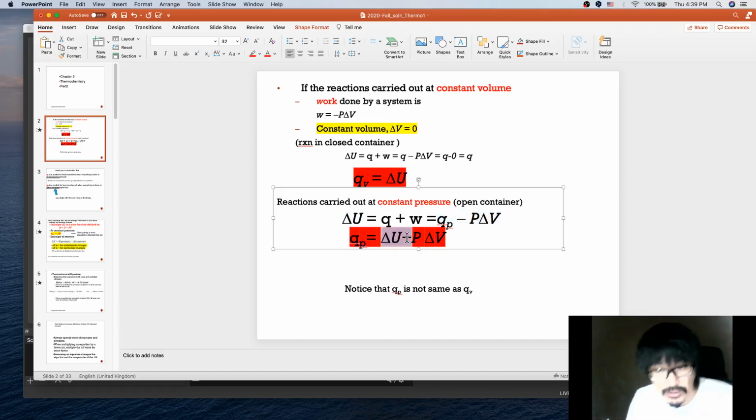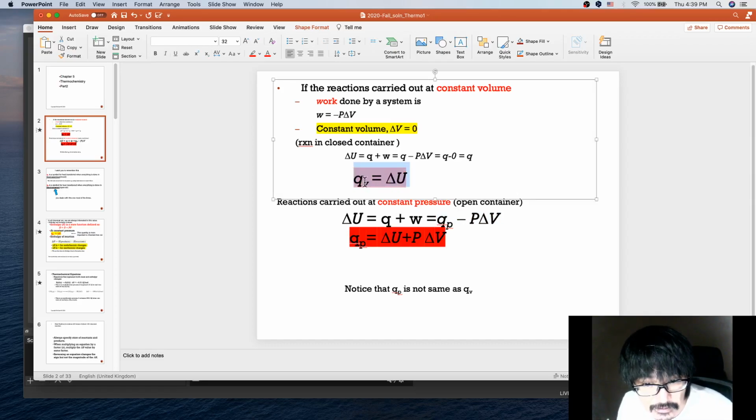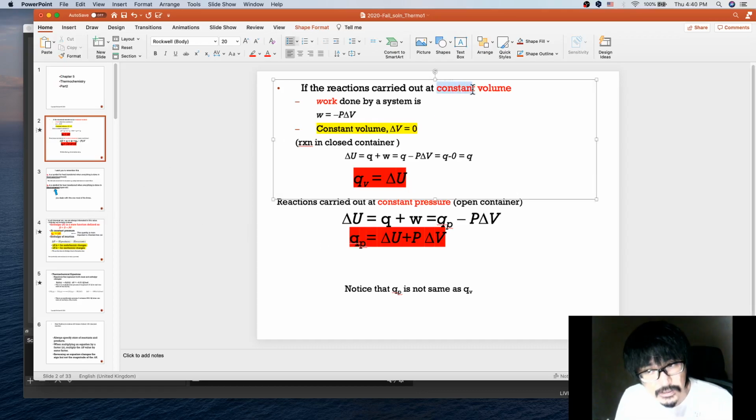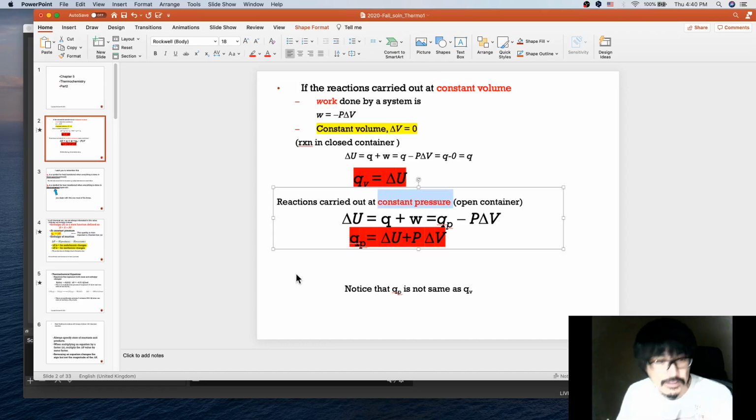Then you get delta U plus P delta V, right? So notice that Q_V, the heat at constant volume, is different from the heat at constant pressure. For a different process, the value of the heat is going to be different. So you have to be very careful: is this a constant volume process or a constant pressure process? You always have to ask about that.